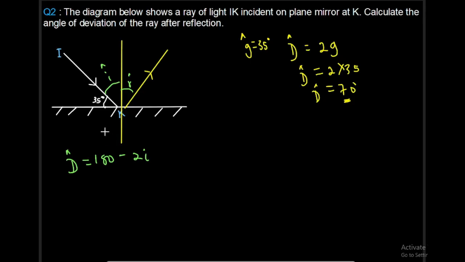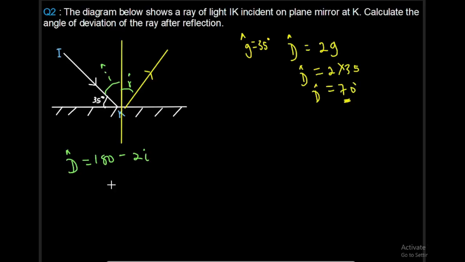It is very easy. All we need to understand here is that this normal to the surface is perpendicular to the surface. So from this point to this point, we have 90 degrees. The whole of this is 90 degrees.